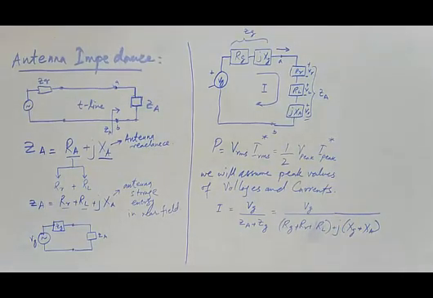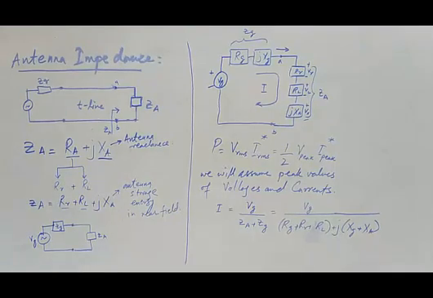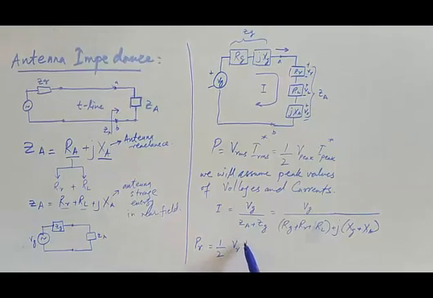Now the power radiated by the antenna may be written as, let it be PR, and this is actually half VR into IR complex conjugate, and it can also be written as half IRR, where VR is the voltage associated with the radiation resistance.